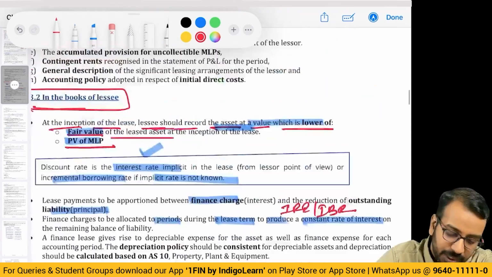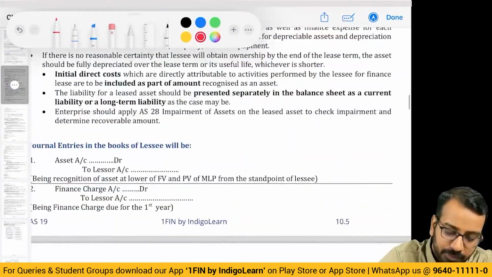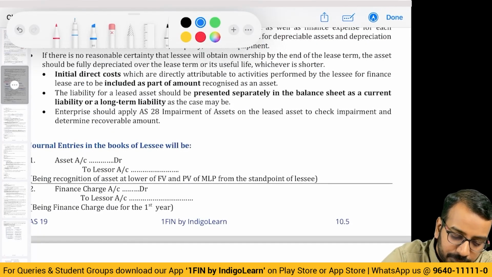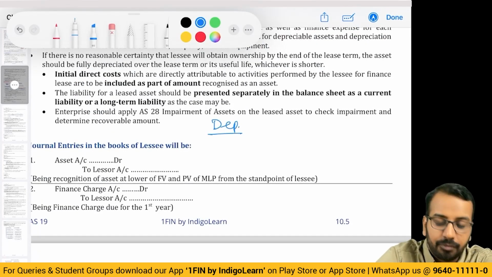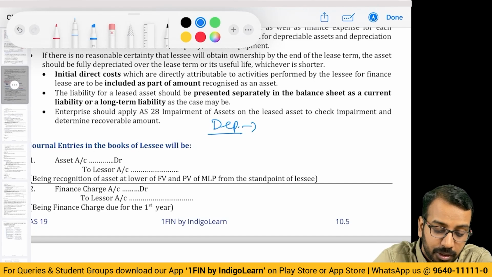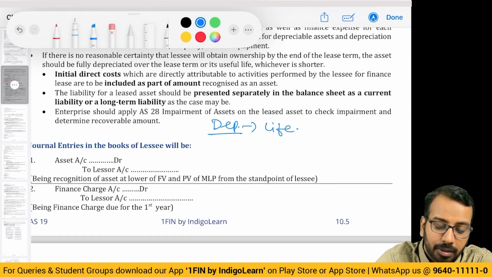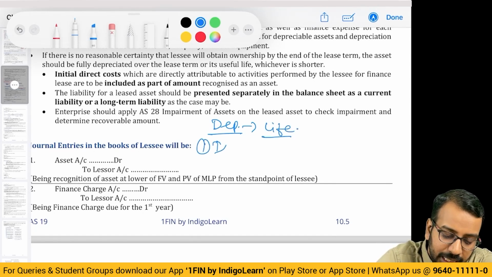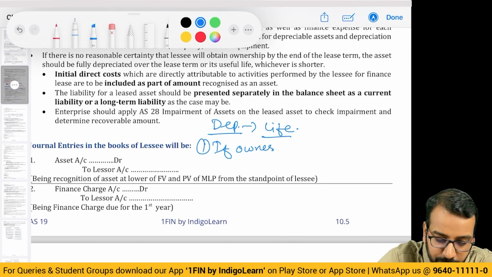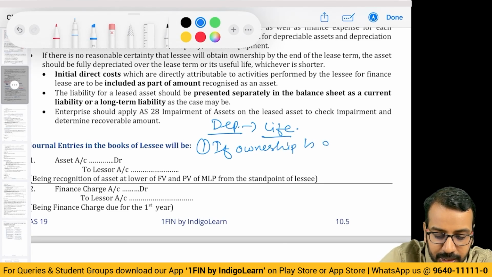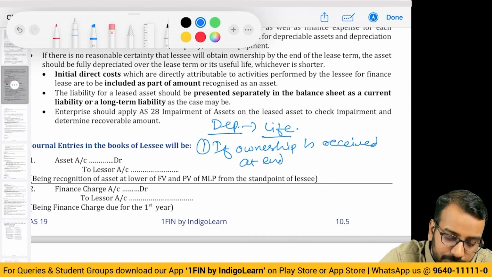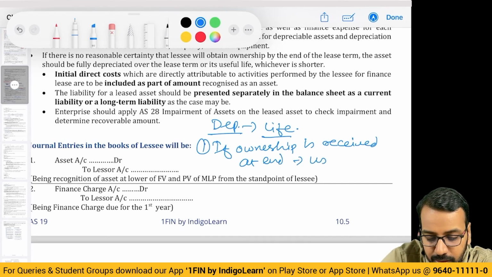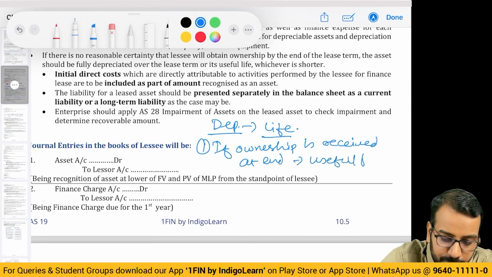Now, as far as depreciation is concerned, when you have to depreciate the asset, what should be the life? So here you have to check if ownership is received at end, then you will take useful life.